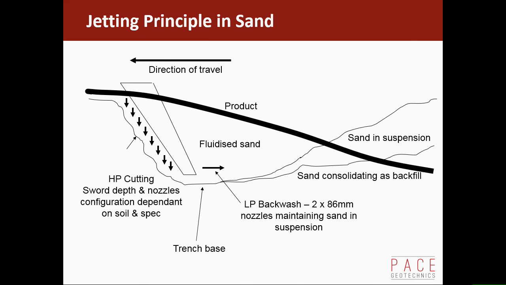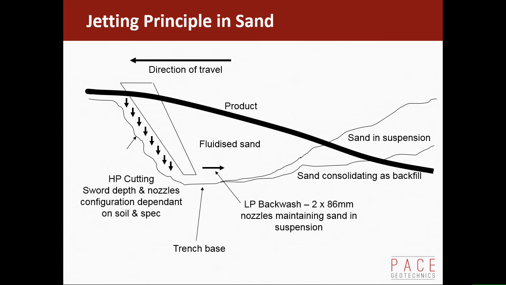So if we look at the way we do it, these forward high pressure nozzles are creating the trench, breaking up the clay as the trencher goes along, the pipeline's sitting on the seabed, and as the trencher progresses, it's sinking down behind the trencher.